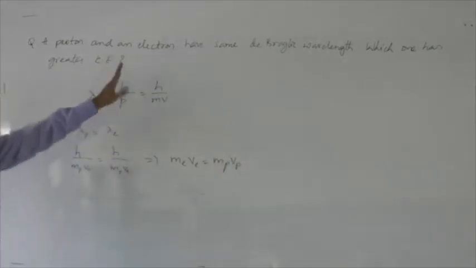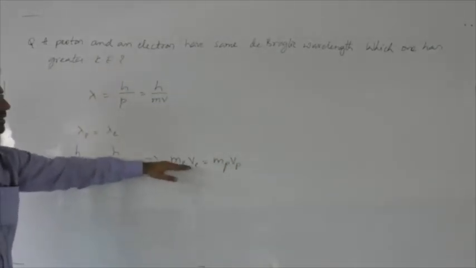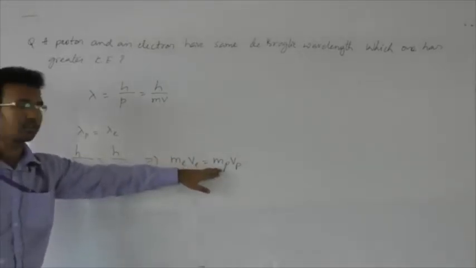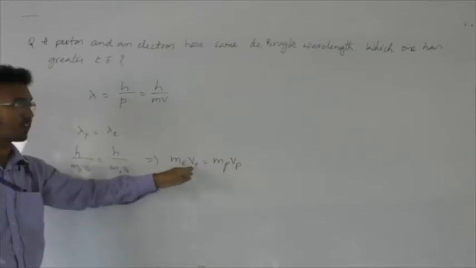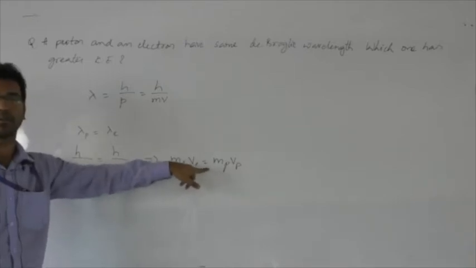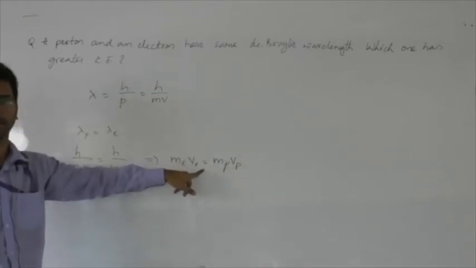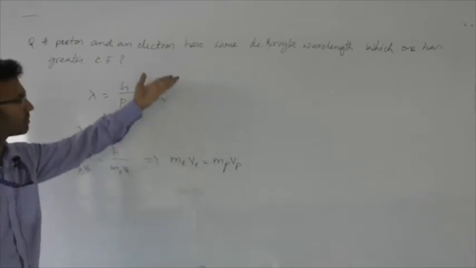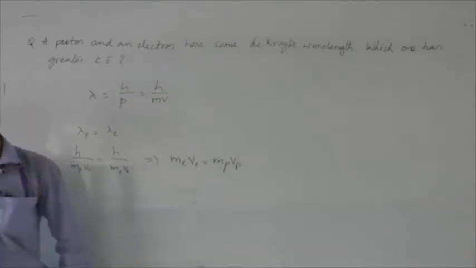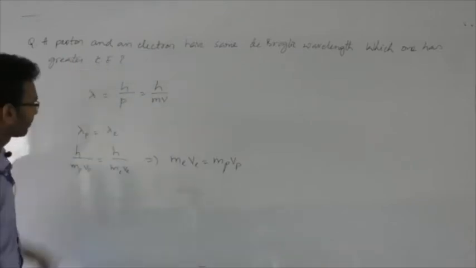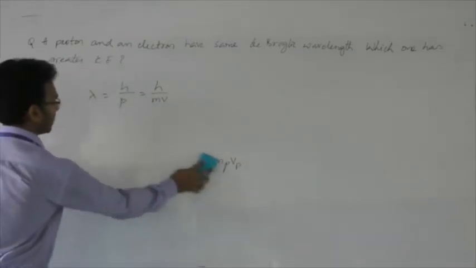So directly by reading the question itself, the mass of electron is lesser compared to the mass of proton. Then the velocity of the electron should be more compared to the velocity of proton. Since the momenta of these two particles are the same, when velocity is greater for electron, the kinetic energy also is greater for electron, right? Yes. So therefore, the kinetic energy will be maximum for electron. Moving on to the next.